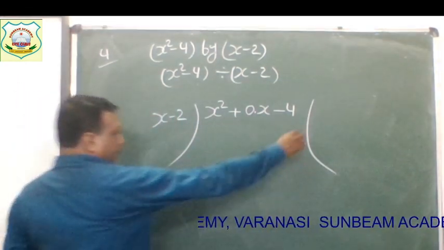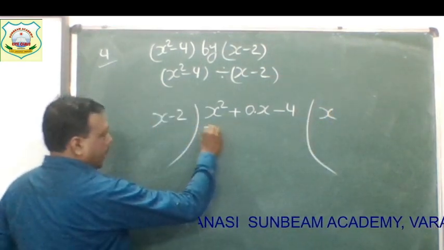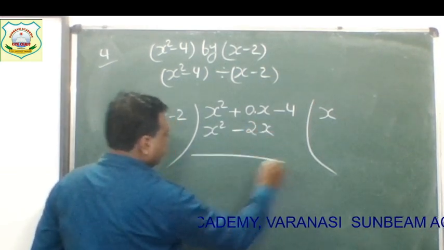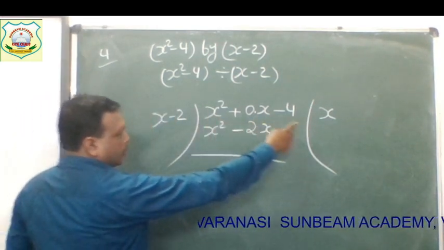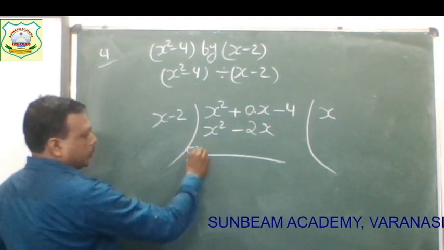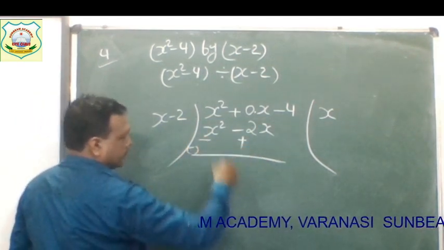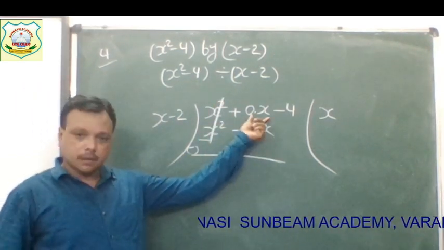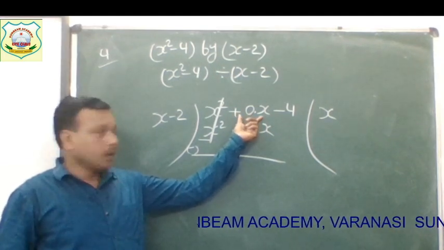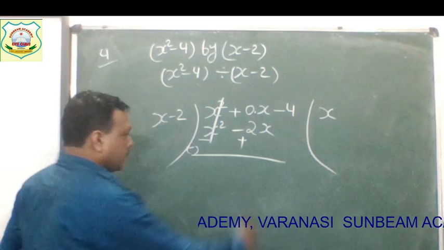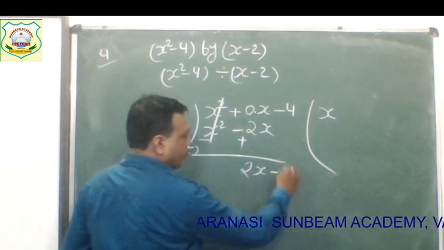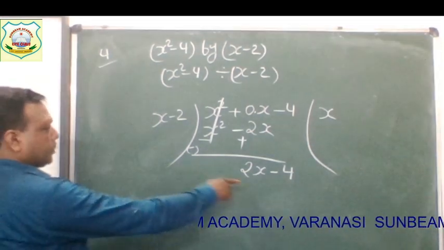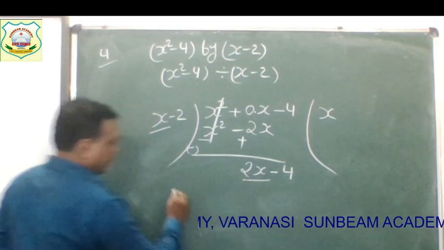See then how it will help us to divide. x, what we have got? x into x square, minus 2 into x, 2x. We can adjust also here. Minus you want to do? Yes, this sign is minus, this one is plus. It will be cancelled. Now you can see here, plus 2x plus 0x. 0x means 0. 0 plus 2x, what will come? 2x minus 4. Now 2x minus 4 has come, x and 2x again.